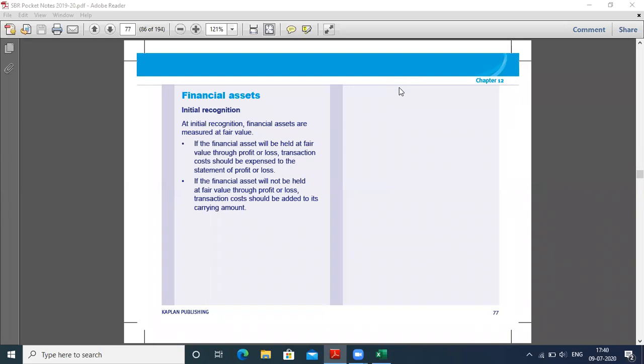Now, if you remember, in case of financial liability, the transaction cost will be deducted from the carrying amount. In case of financial asset, the transaction cost should be added to the carrying amount if it is a non-trading company. But for a trading company, transaction cost should be shown as an expense in the statement of profit or loss account. So that is simply how we can understand. Initially, when you are recognizing the financial assets, it should be done through fair value.